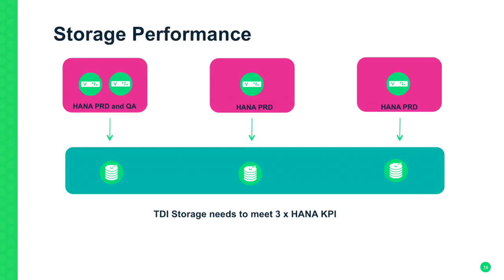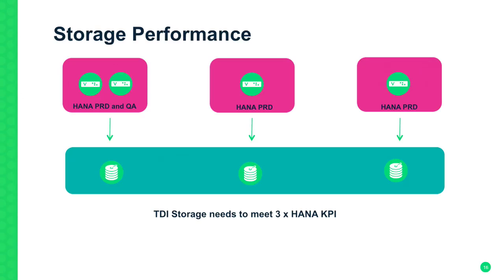A couple of points about the storage performance. For TDI storage, you must meet some key performance indicators. There is a tool from SAP that the customer should use in order to be compliant with the performance indicators, in order to be certified or supported.